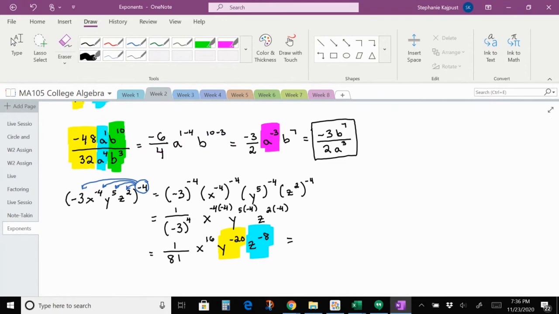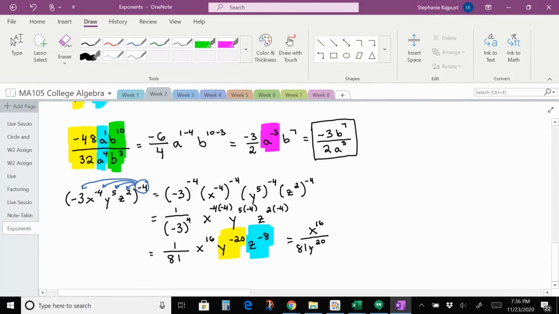And then we have this x to the 16th that we're not doing anything with. So that's going to be on top of our fraction, and we usually don't write the 1 if we already have something else on there. So we're just going to have x to the 16 on top. And then in the denominator, I have 81. Then our y to the negative 20 becomes a y to the positive 20 when it moves to the denominator.